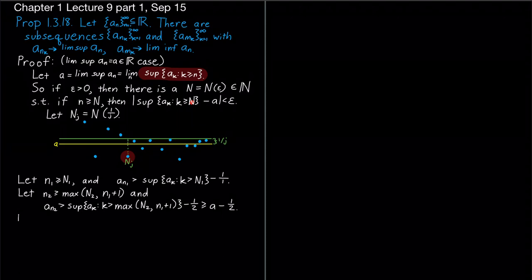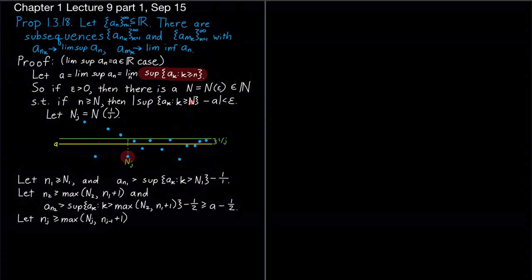So, in general, we're going to let n sub j be bigger than big N sub j, and then also bigger than our previous element in our increasing sequence.